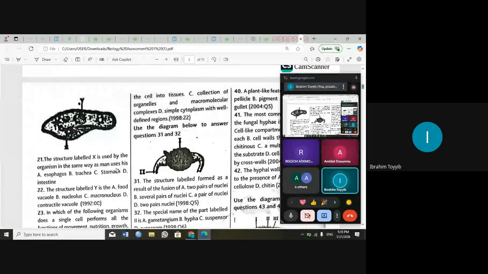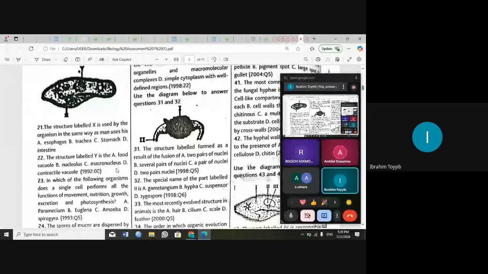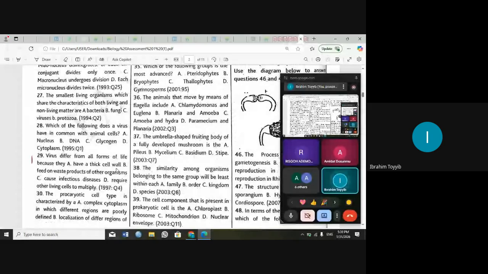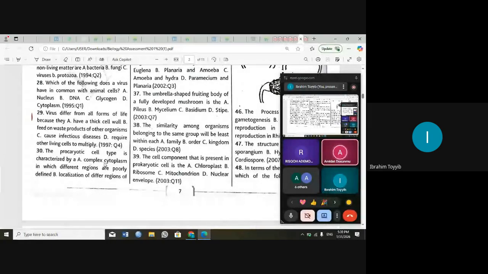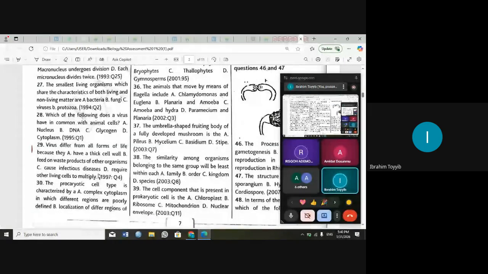The prokaryotic cell has a complex cytoplasm in which different regions are poorly defined. So it is the eukaryotic cell that is well defined. So the answer is A.